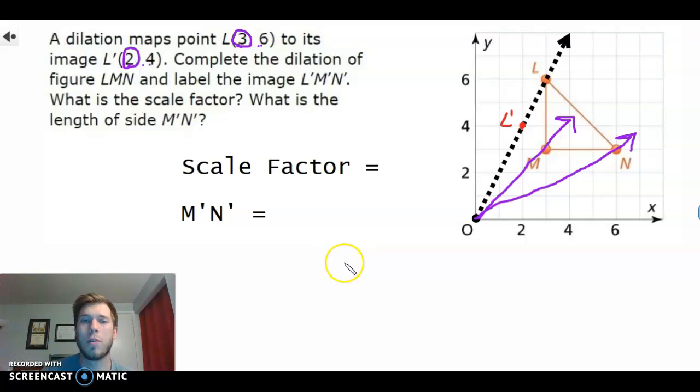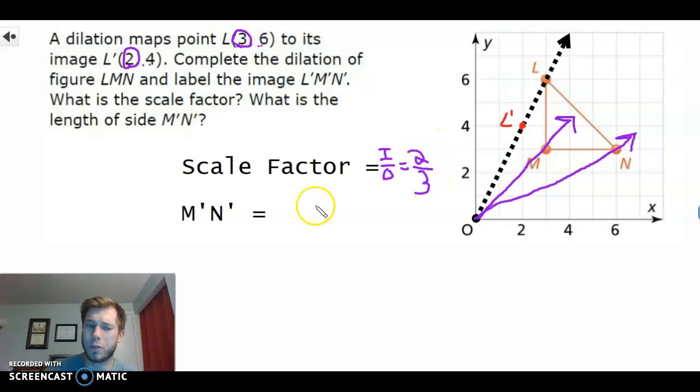Remember, it's a ratio of the image over the original, so I over O. So we want the x-coordinate of the image, which in this case is 2, over the x-coordinate of the original, which is 3. So our scale factor for this is going to be 2/3.